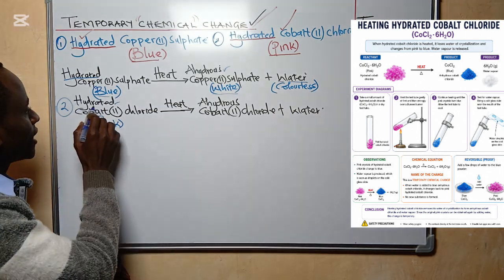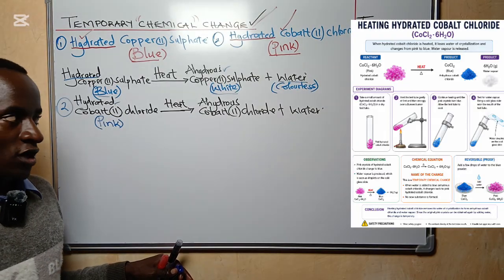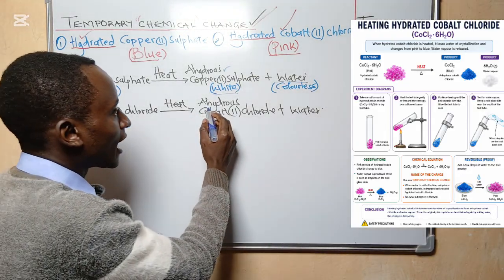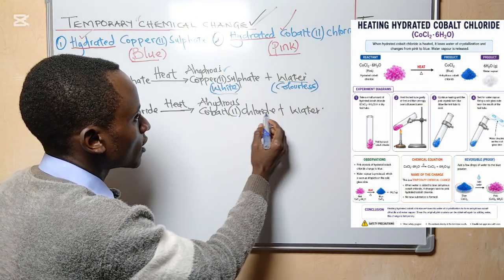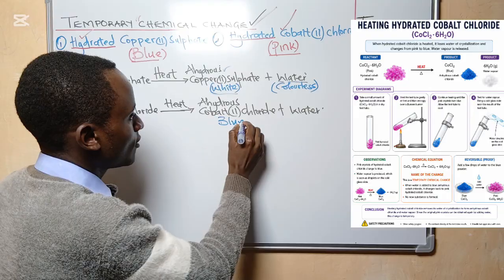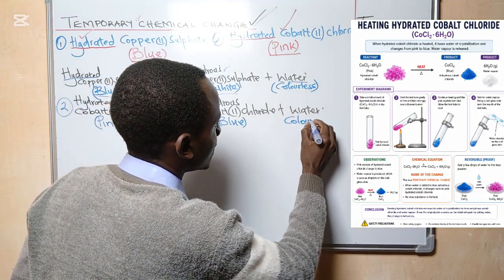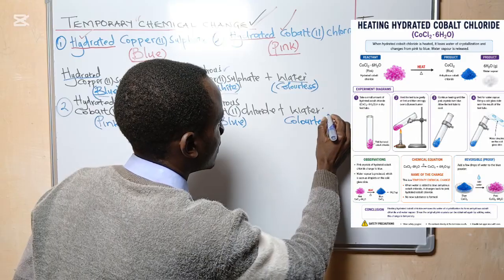Now when we heat hydrated cobalt 2 chloride, it loses water of crystallization to form anhydrous cobalt 2 chloride, which is blue in color, and a colorless liquid. And this colorless liquid is water.